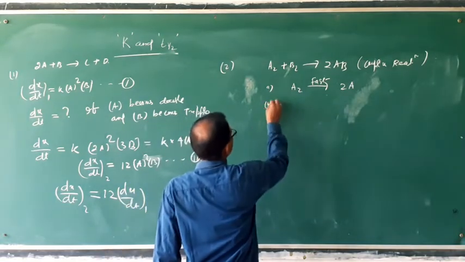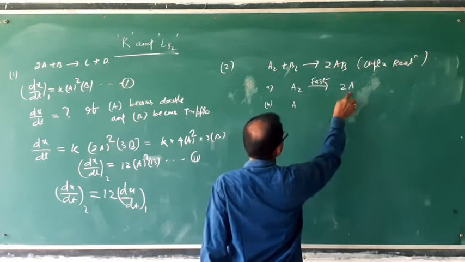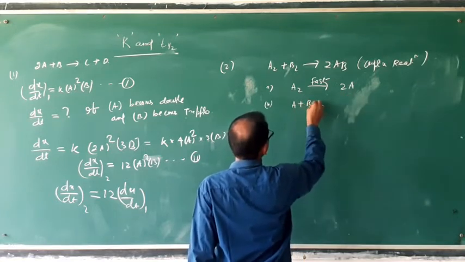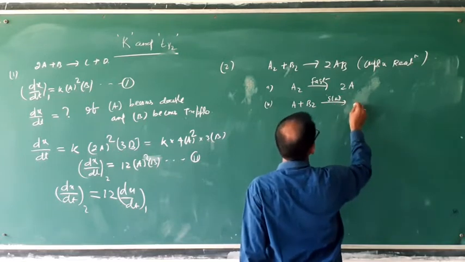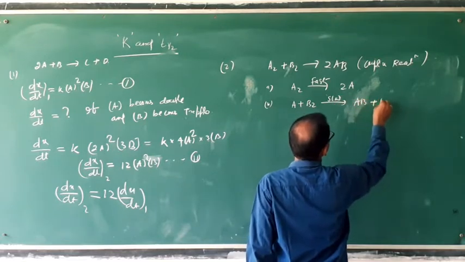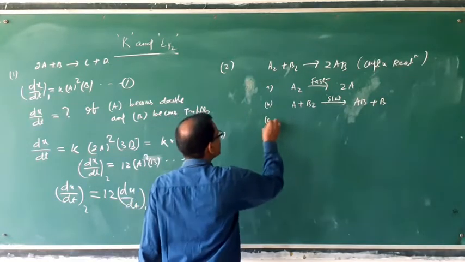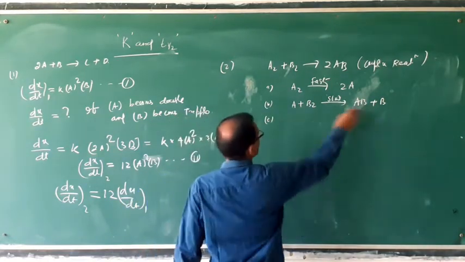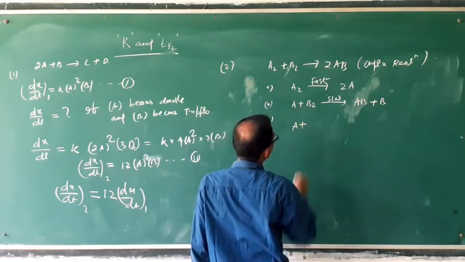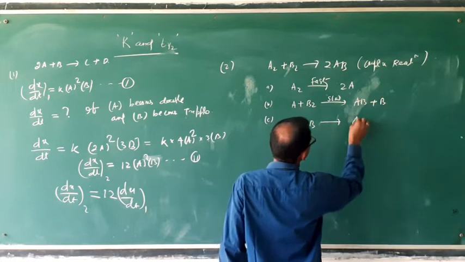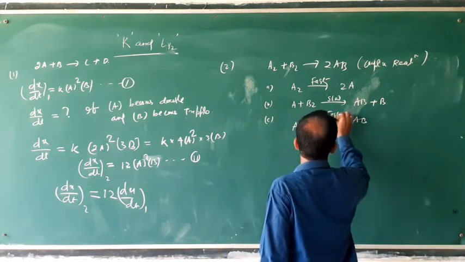Second step is given that this A produced combines with B2, this is your slow step, producing AB plus B. This is a slow step. Third step is also given: A plus B changes to AB.